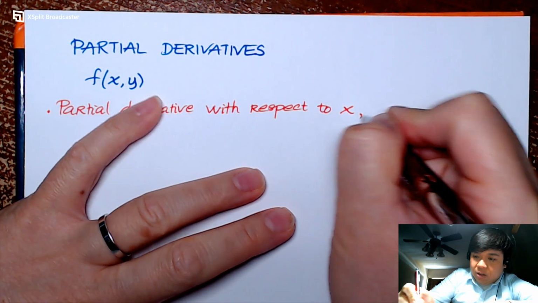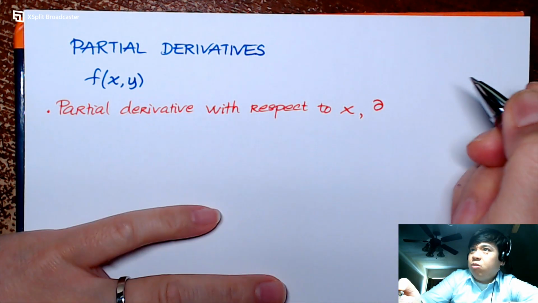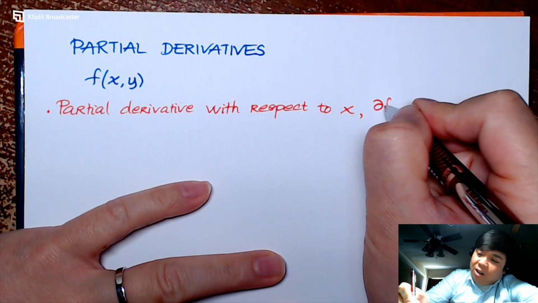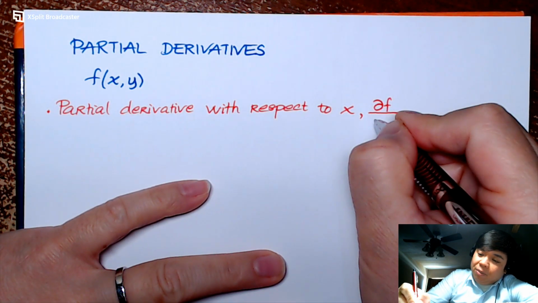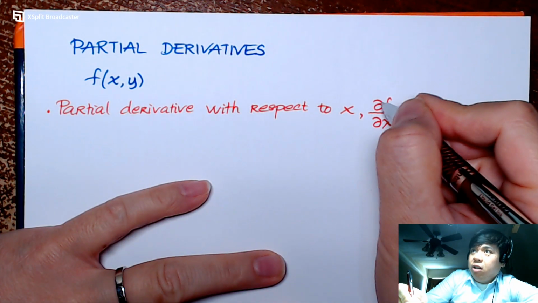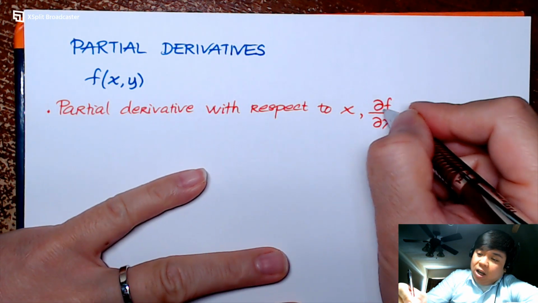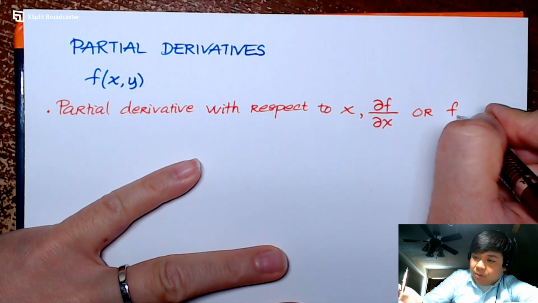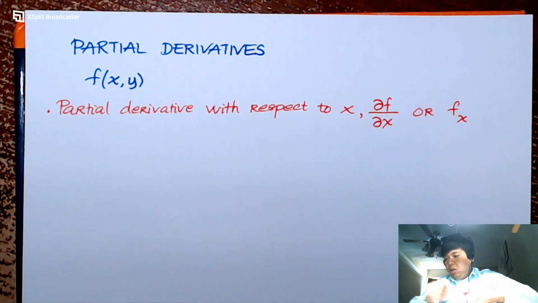The notation for that is this, not del, but partial d. So that is the partial derivative with respect to the variable x. We can write it like this, or we can just write the subscript. Okay, so that's the notation.